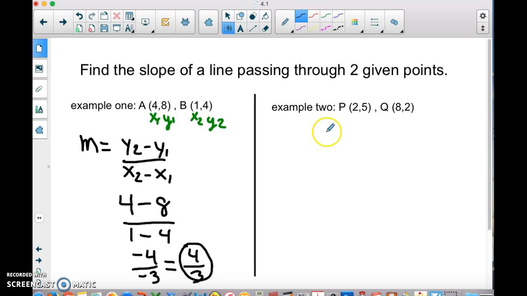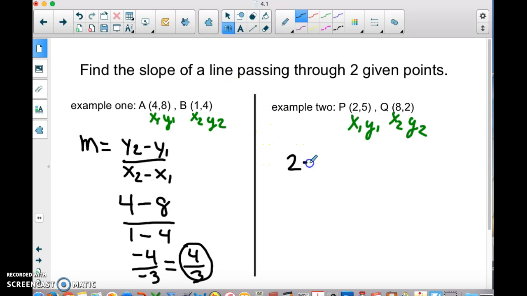All right, let's look at a second example. So again, we'll name the points until we get used to it. So we have x1, y1, and x2, y2. And then let's go straight into plugging into the formula.